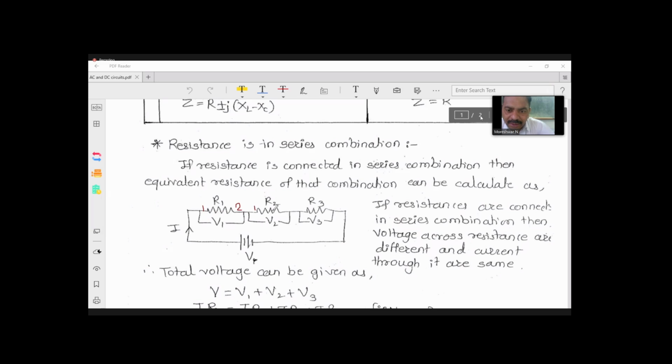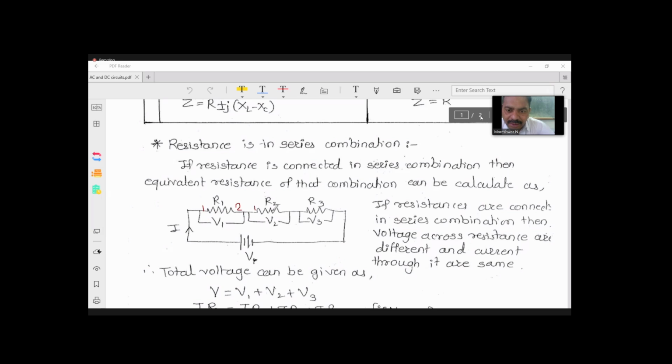Suppose, for example, the value of this resistance is 10 ohm. The value of this resistor is say 5 ohm. Okay, and the value of this other resistor is say 2 ohm. So what will happen if we connect any ohm meter here?